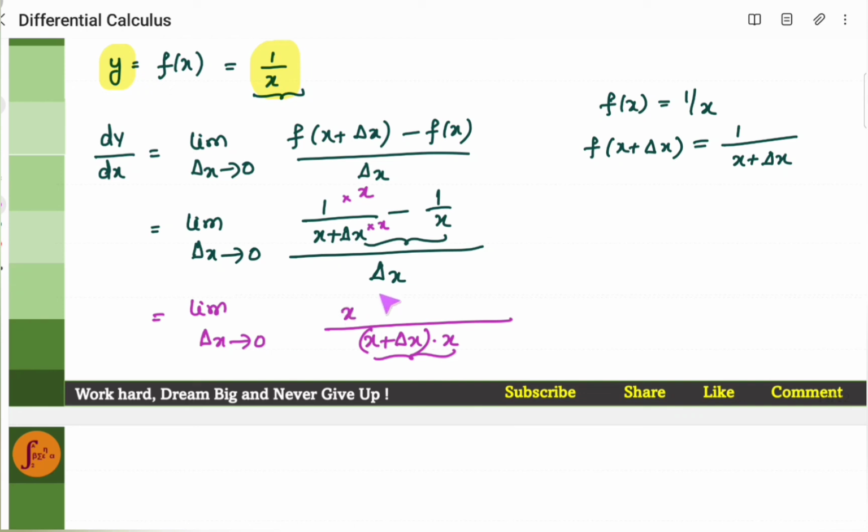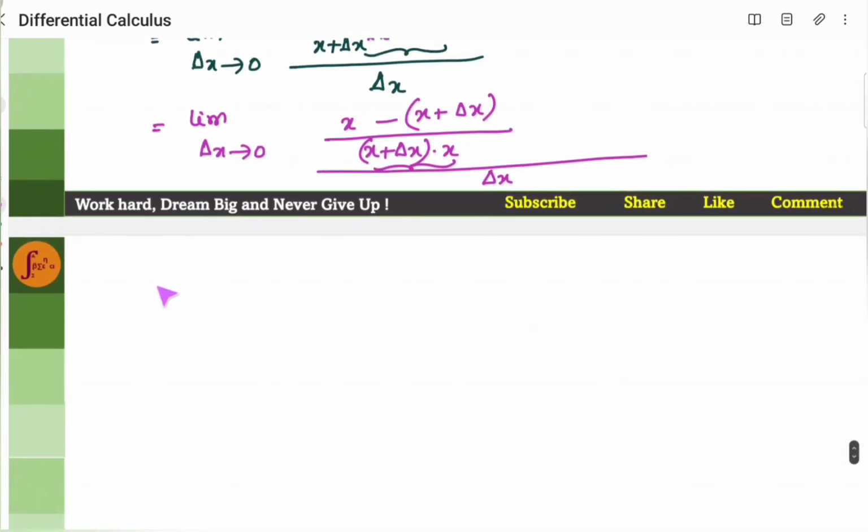So I'll get 1 into x is x minus, here again I have x already. I have to get x plus delta x here, right? So I multiply the numerator into x plus delta x. So I'll get 1 into x plus delta x, and then we'll have to copy this delta x here.